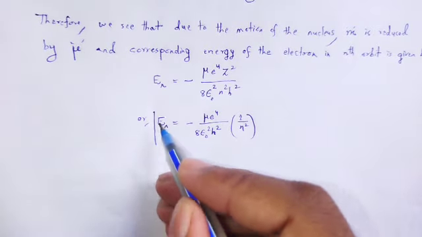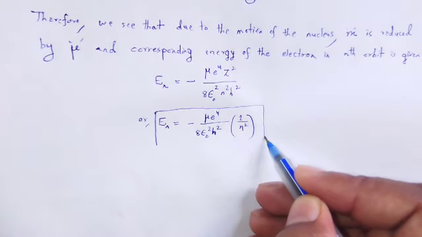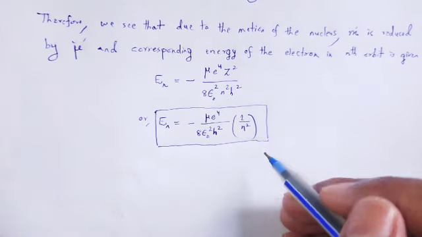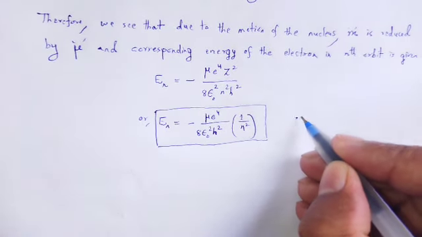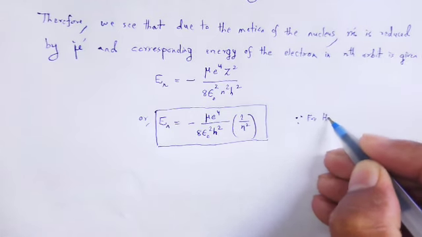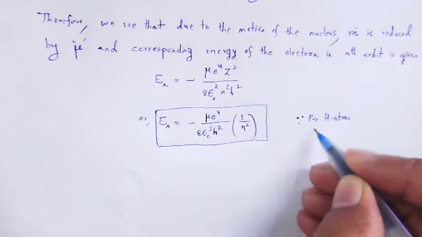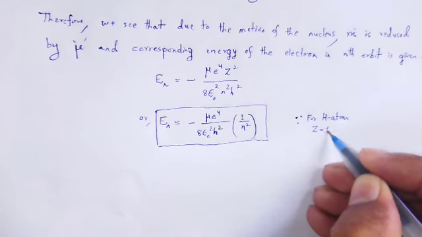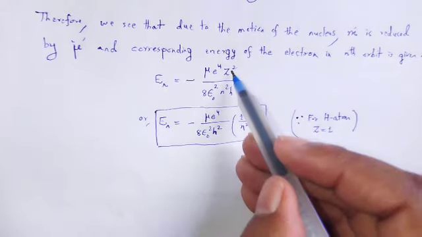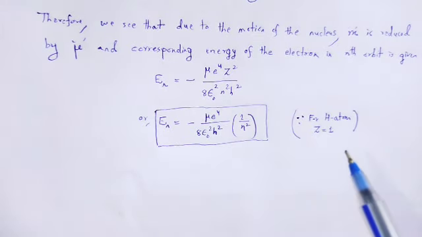This is a changed energy expression. For hydrogen atom, the atomic number is equal to 1. In place of Z we just write 1.